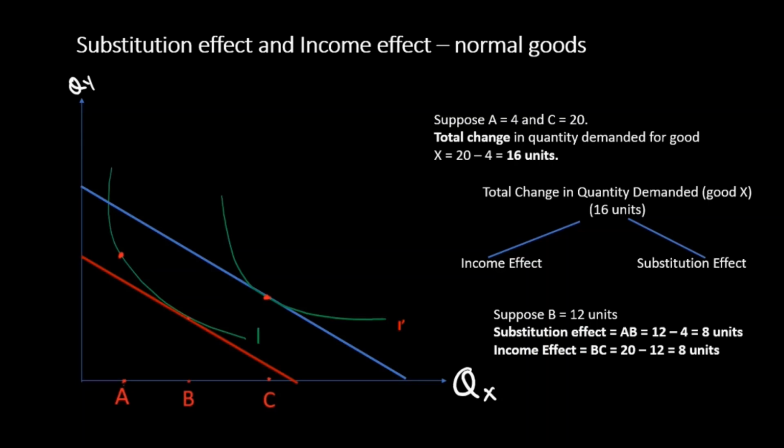When my indifference curve goes higher, it indicates an increase in income. So my income effect will be BC, that is 20 minus 12, which is 8 units. So out of 16 units, 8 units is because of the substitution effect and 8 units is because of the income effect.